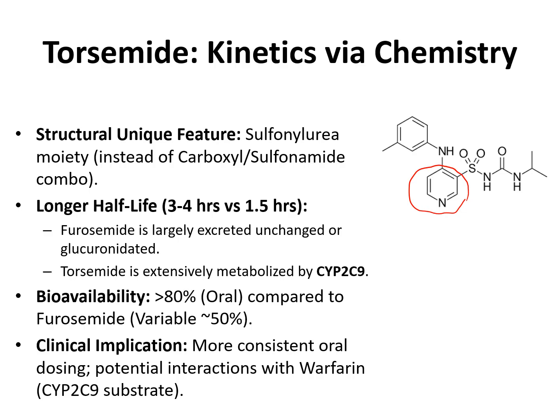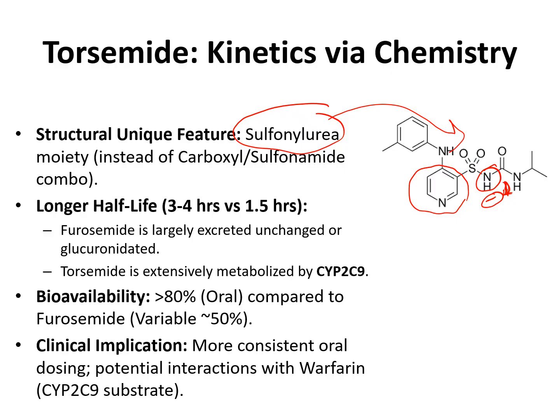It does have a sulfonylurea. This part here is called sulfonylurea. Okay, this is sulfonylurea. Sulfonylurea at physiological pH has a negative charge. So this nitrogen will be negatively charged, and this resembles a carboxylic acid.